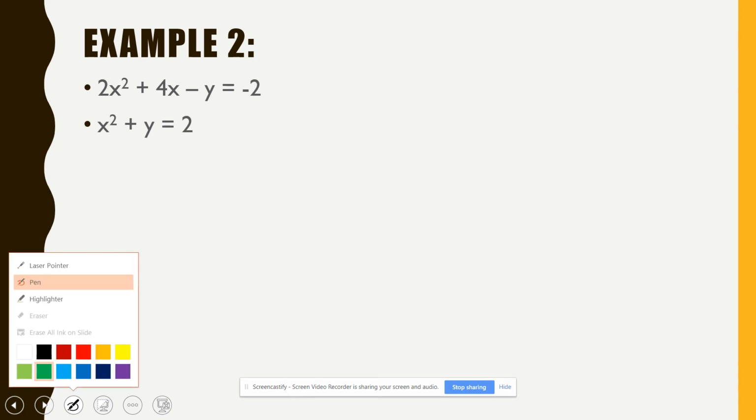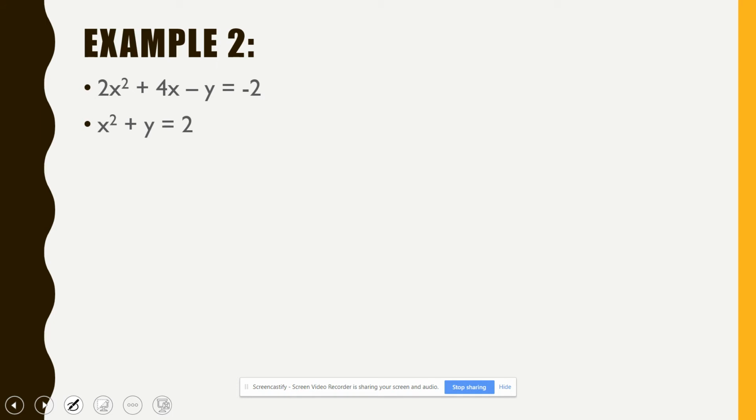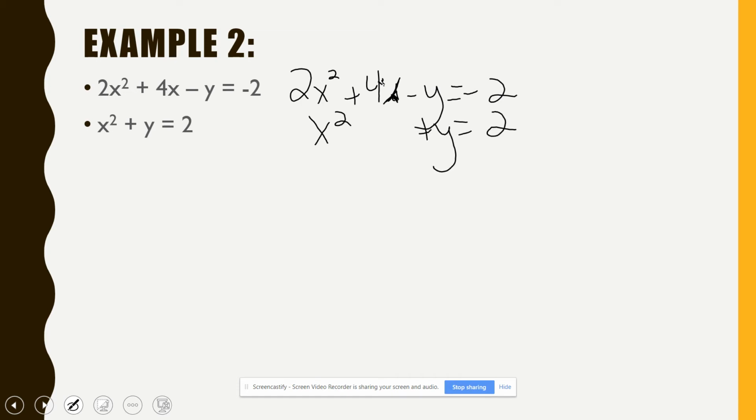Example 2. Again, I want to make sure that everything is lined up nice and neat, so I think I'm going to rewrite this. I have 2x squared, 4x, y, and then we have x squared plus y is equal to 2.